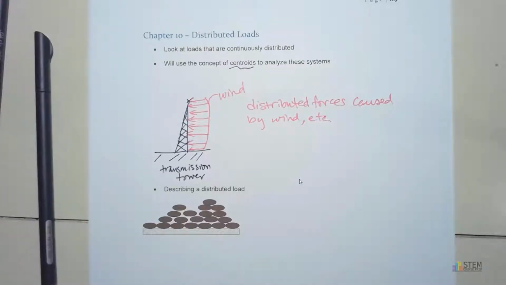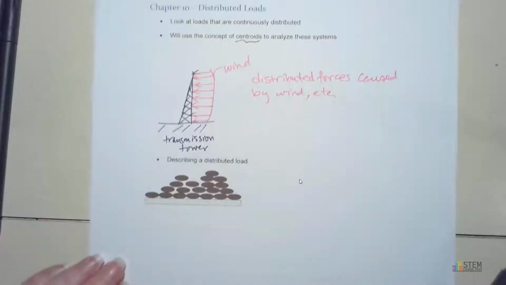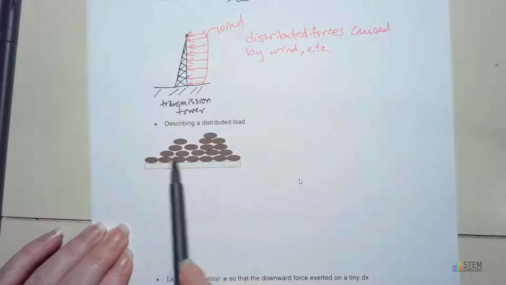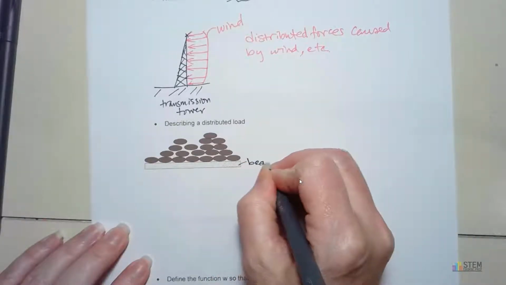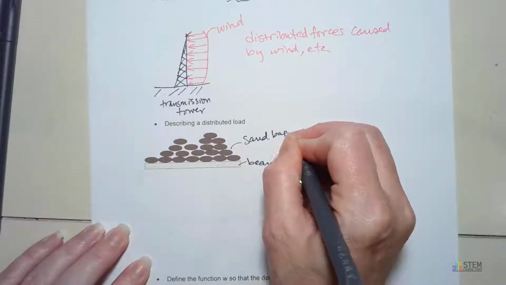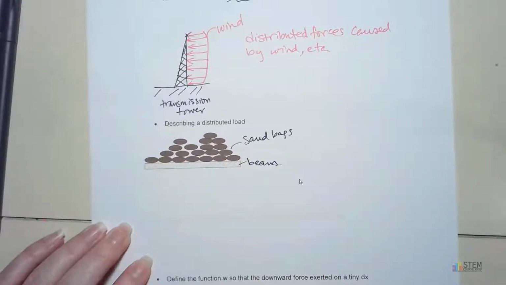Now to go over our equations and everything, let's look at this case here. This is a beam, and then we've got bags of sand that are stacked on top of that beam. And notice they're not really stacked evenly. We've got more over here than we do over here.